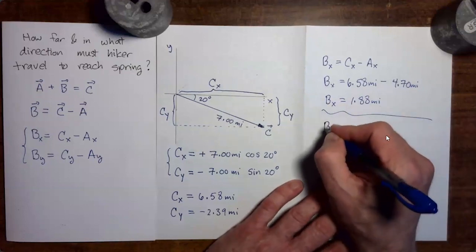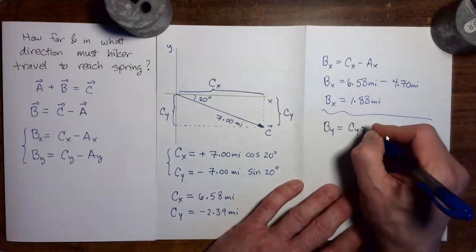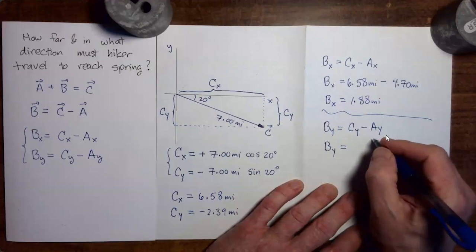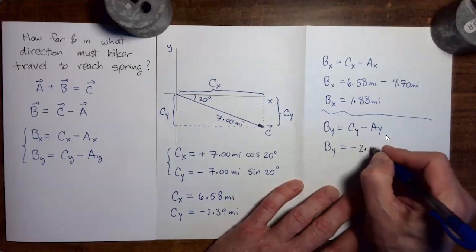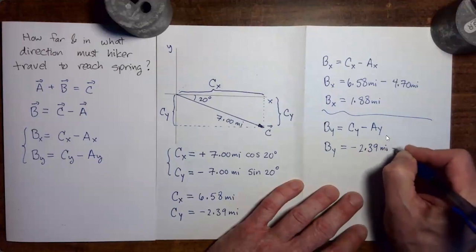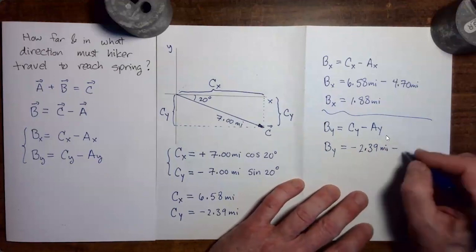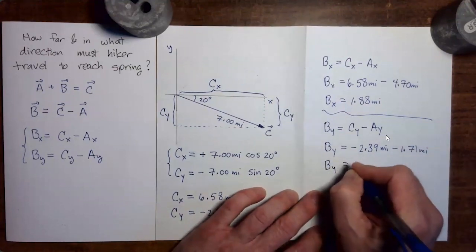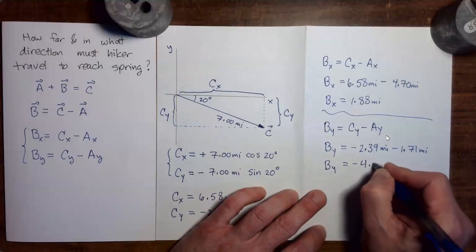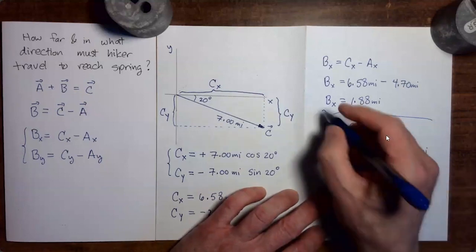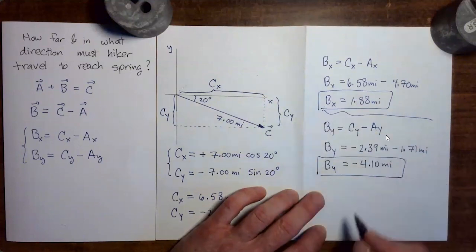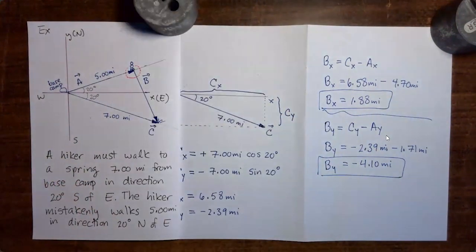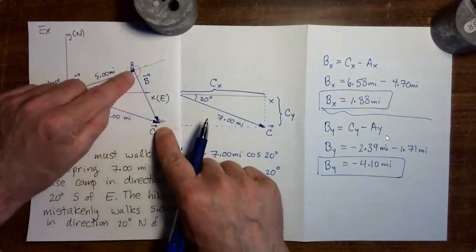Okay, now with b sub y equals c sub y minus a sub y. So c sub y was minus 2.39 miles, minus a sub y, which was 1.71 miles. And we get b sub y equals minus 4.10 miles. Okay, so now we have the x and y components of vector b. And now we can put everything together and find the magnitude and direction of vector b.